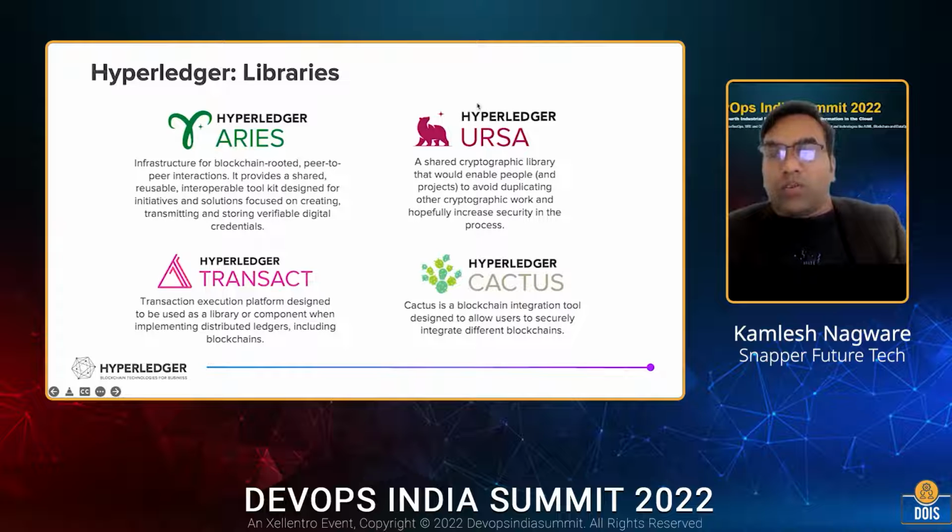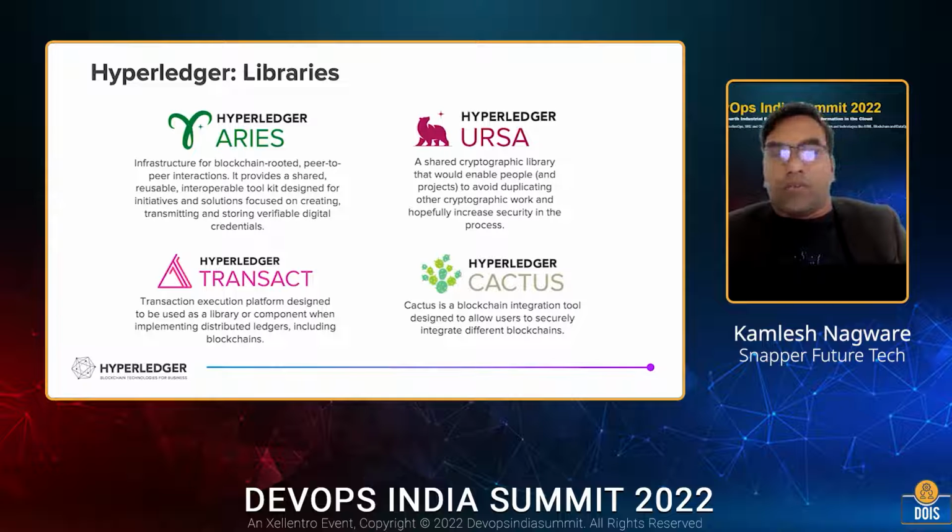Another library is Ursa. Generally blockchain is a cryptography-based ledger, and cryptography is used in all the transactions and all the communication. Currently most blockchains use SHA-256, but as per geography or different cryptography algorithms we need some kind of customization.